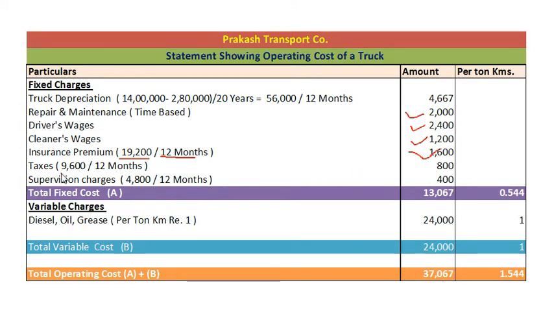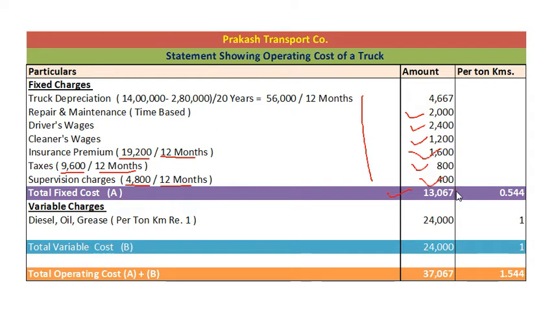And taxes rupees 9,600 per annum, divided by 12 months, so per month rupees 800. Supervision charges 4,800 per annum, divided by 12 months, so per month it is 400. So like this our fixed charges are over.